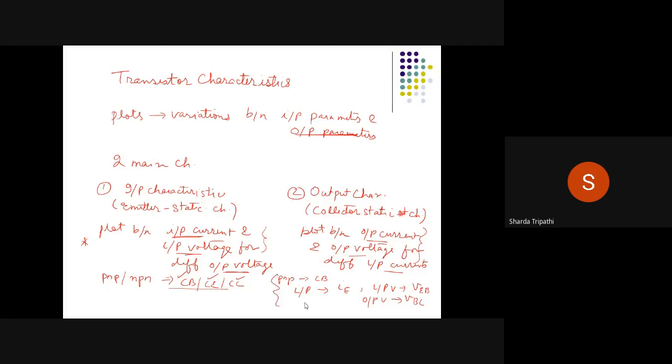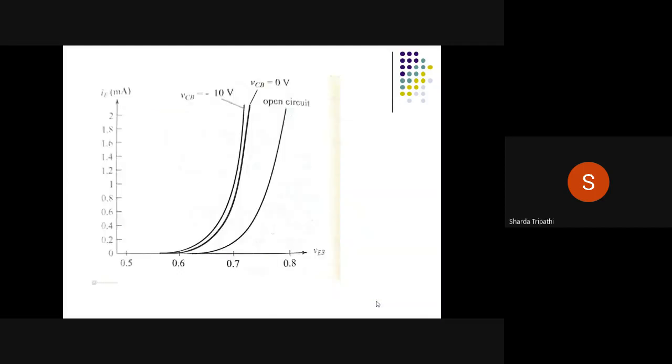So if we now know these parameters and we try to plot the input characteristics in the active region, then this is how the characteristic is going to look like. So this is the characteristic for the transistor connected in common base configuration and working in the active region. So now looking at this plot over here, we are going to make a few observations.